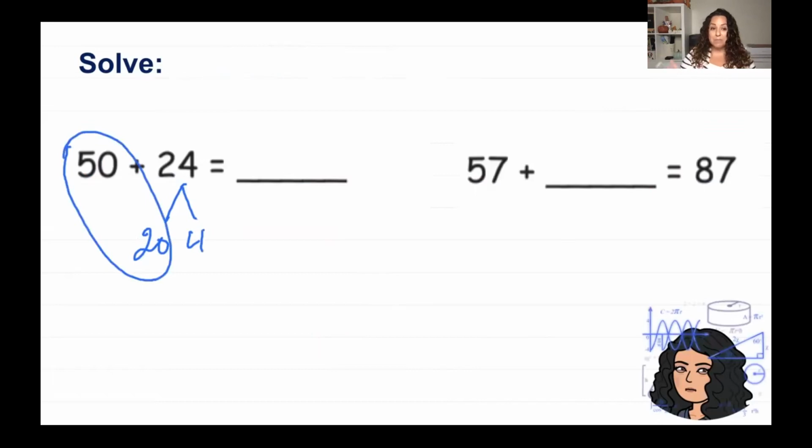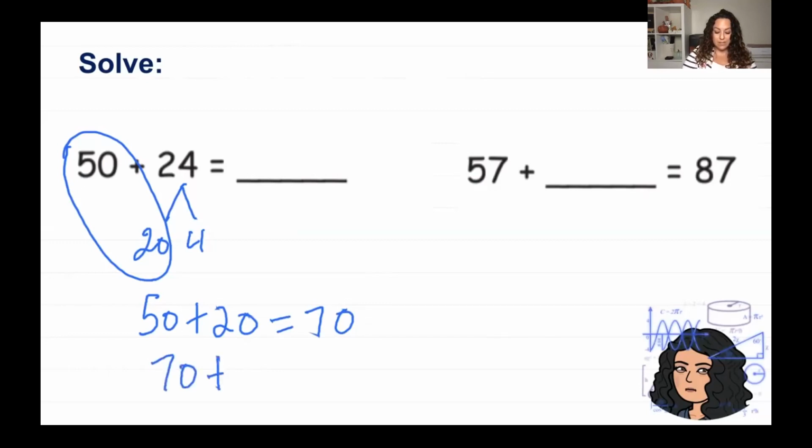I have 50 plus 20, so 50 plus 20 equals 70, and then I have 4 left. So what is 70 plus 4 more? Well, that equals 74. So my answer is 74.